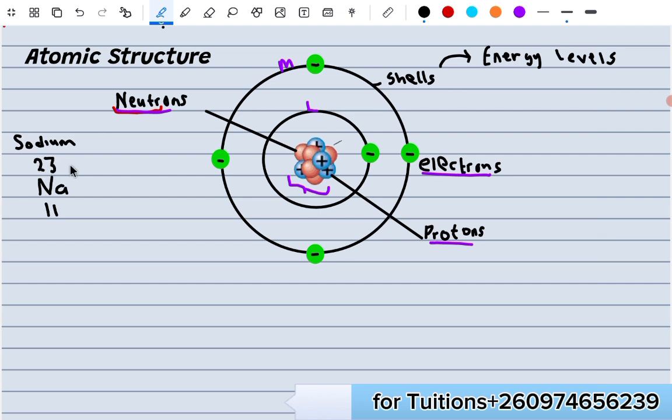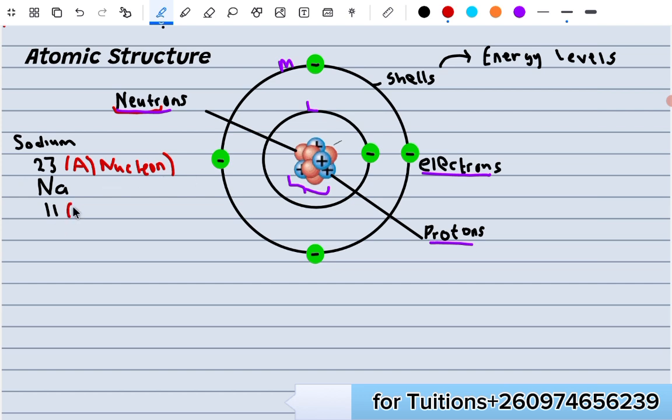So this is the mass number, we call it A. Sometimes they call it the nucleon, because the mass number appears at the nucleus, so it's called nucleon from nucleus.